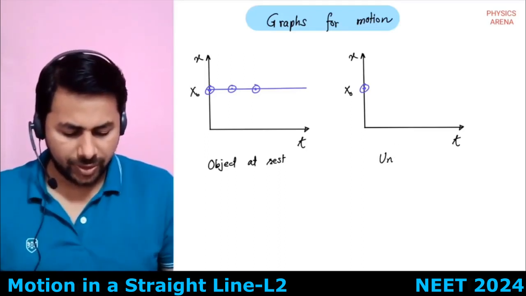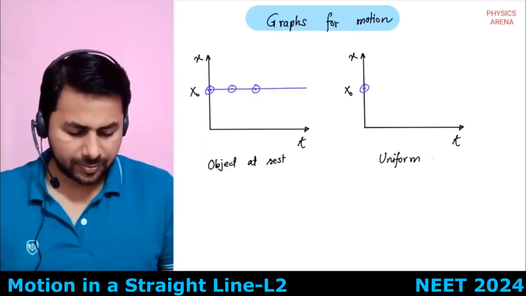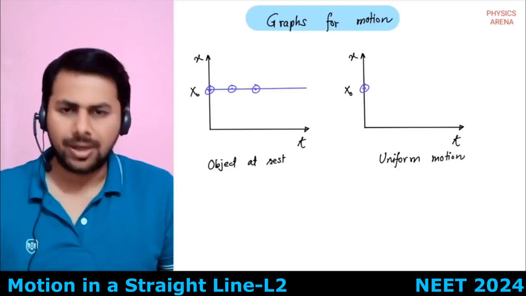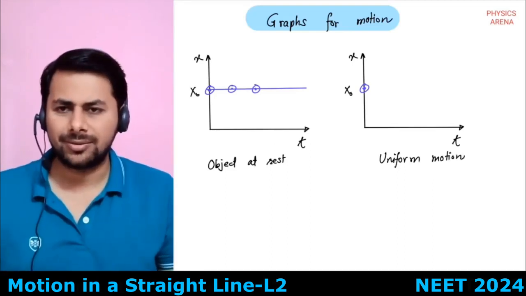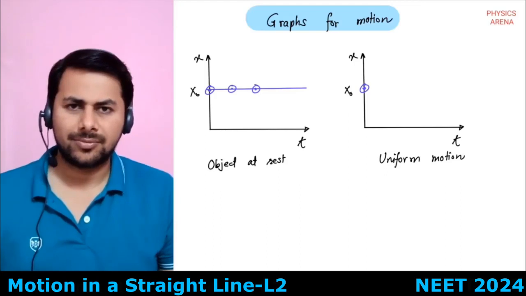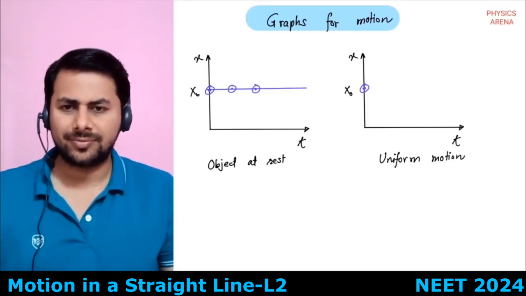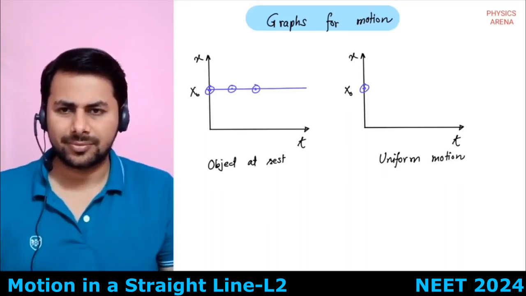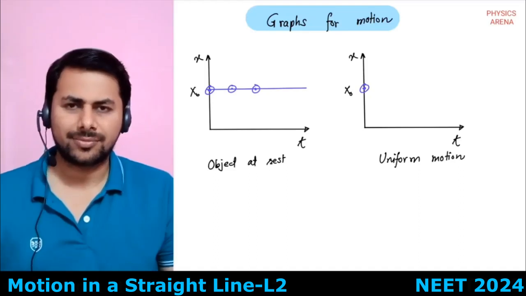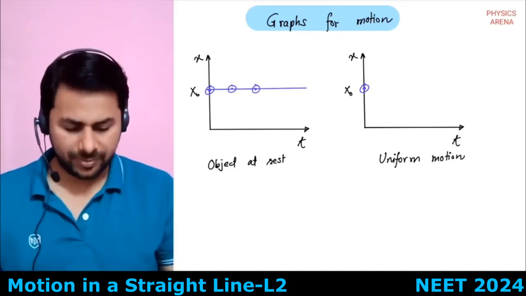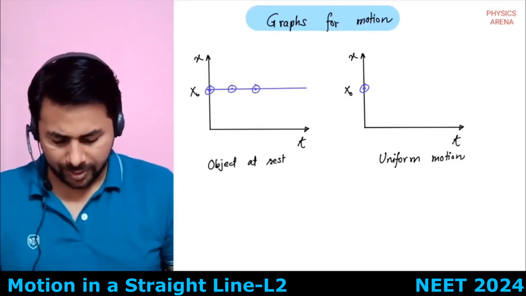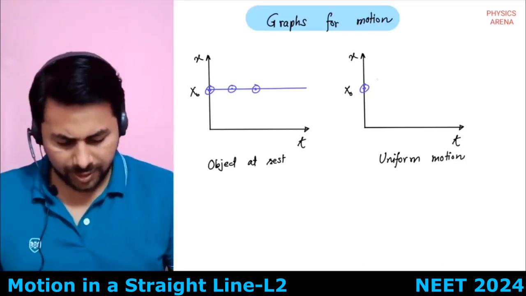So now this is for uniform motion. How will this graph look like? If velocity is constant, it will cover equal distances in equal intervals of time.